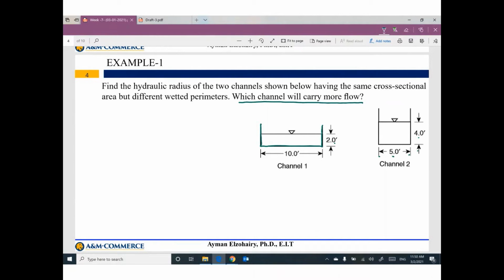What do you think? I cannot decide because the area here is 20. The area here is 4 times 5, which is 20. So the same area. How can I figure out the difference? Which one is more efficient? Which one will carry more flow?